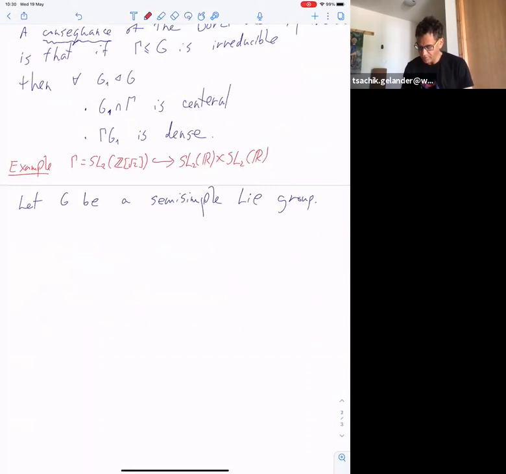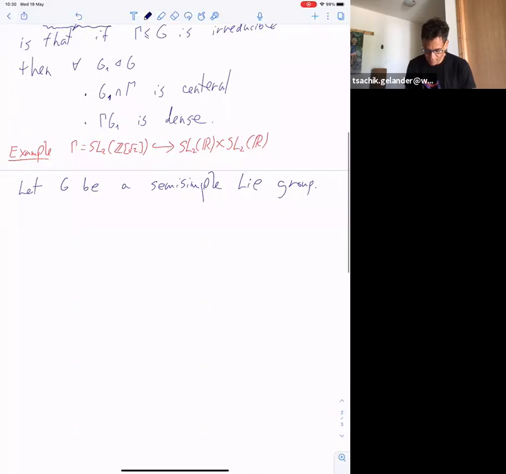So let G be a semi-simple Lie group. Let now gamma be a finitely generated group.